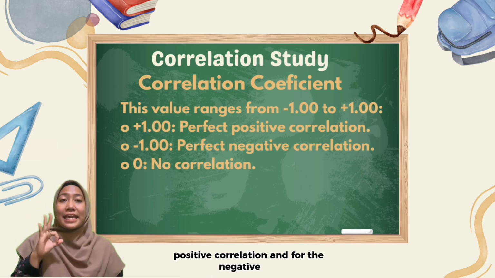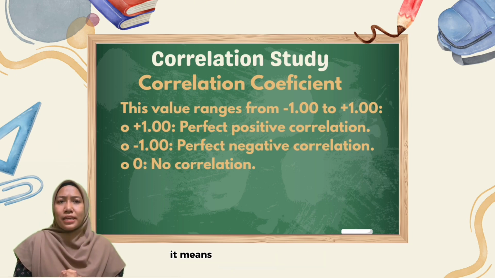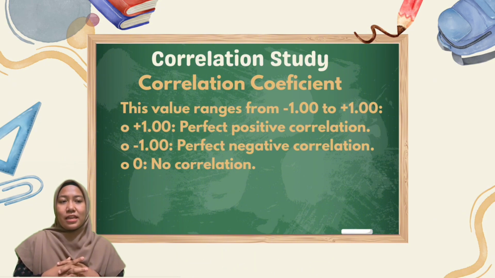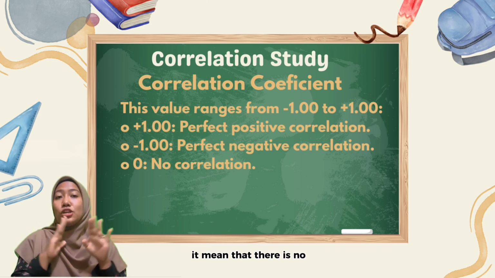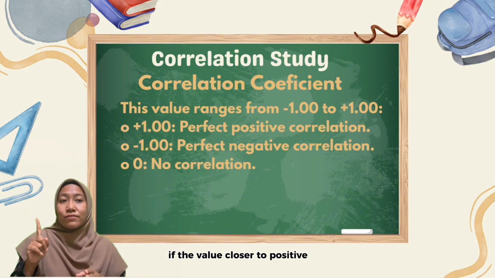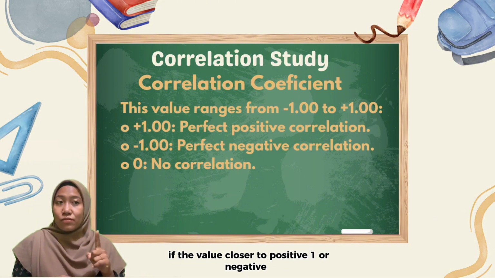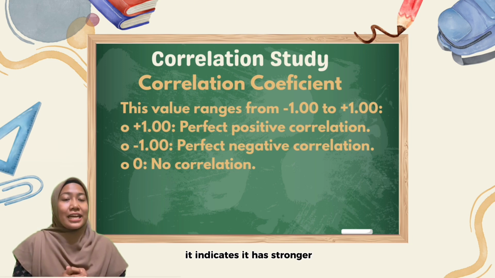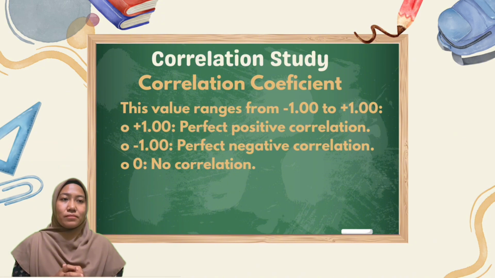And for the negative one, it means that it is a perfect negative correlation. And if it is zero, it means that there is no correlation. If the value is closer to +1 or -1, it indicates a stronger relationship.